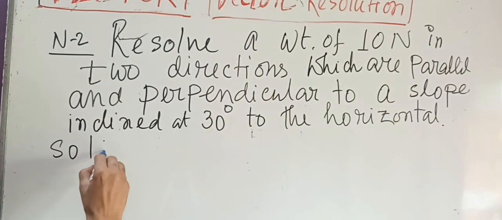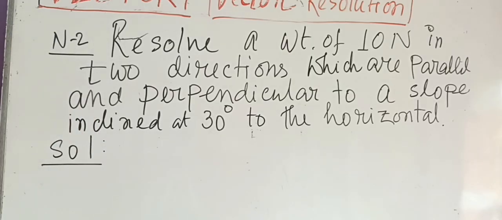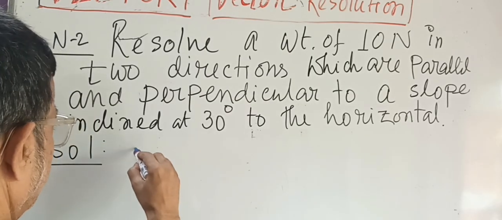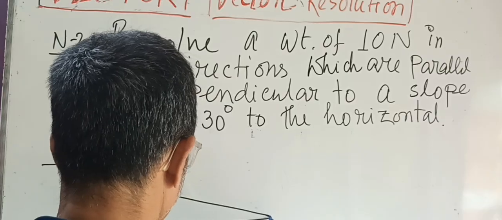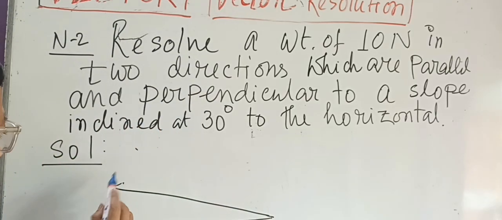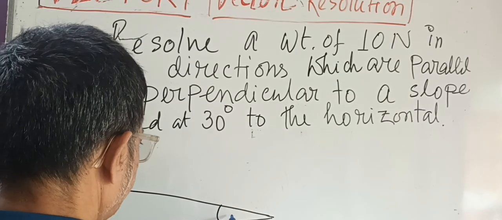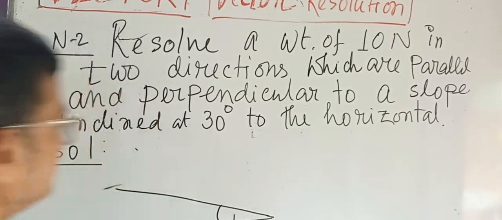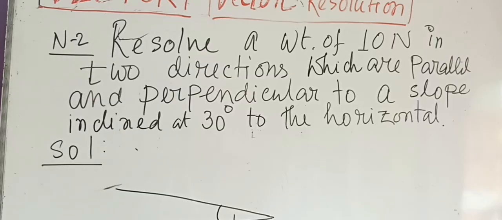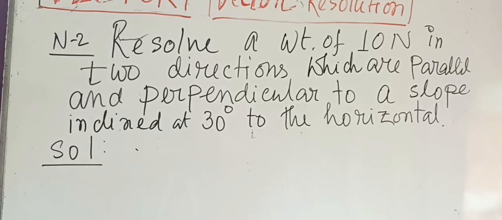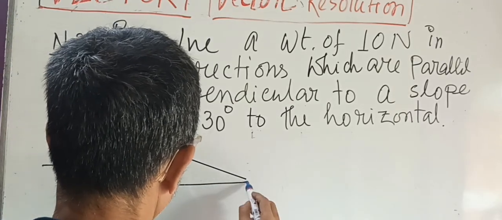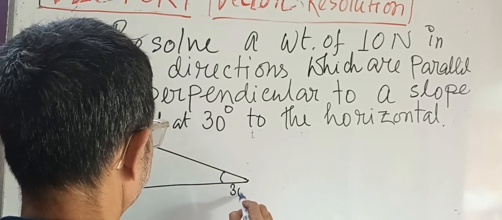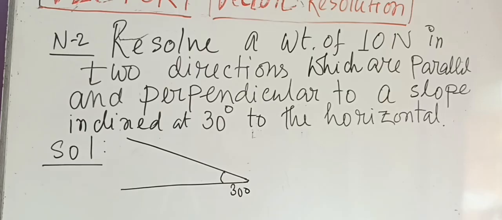According to the question, first we shall draw the diagram, right? This is the inclined plane and this is the horizontal line, right? This is the inclined plane. Angle is 30 degree. Let me repeat the diagram. This is the inclined plane and this is 30 degree. Okay? So weight.